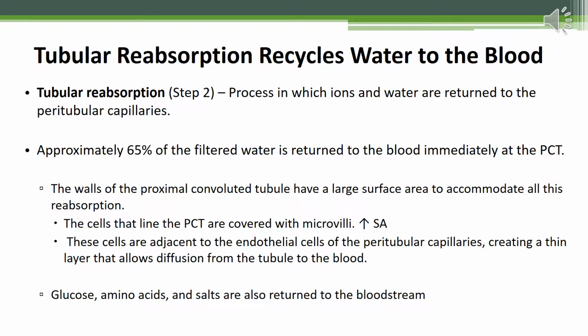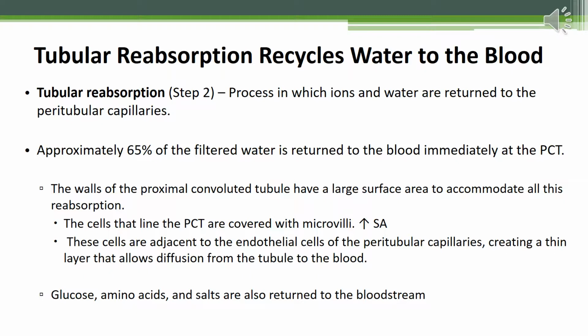The walls of the proximal convoluted tubule have a large surface area which accommodates all of this reabsorption. So once again, we're talking about surface area, which is an all-important topic in biological sciences. The cells which line the PCT are covered with microvilli, and whenever you see or hear microvilli, it's probably a good idea to think of an increase of surface area, because that's really why we have them.